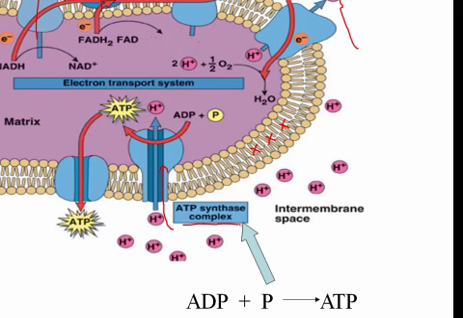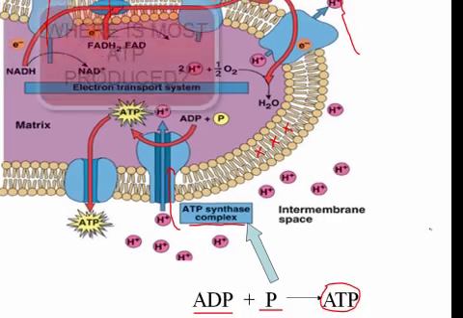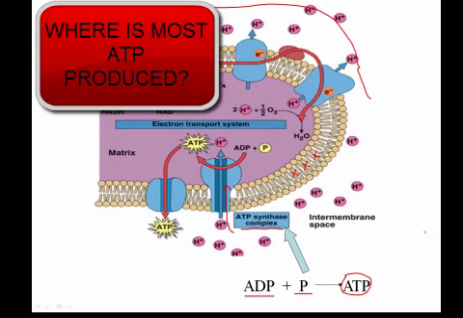As these protons pass through ATP synthase, we are going to add a phosphate to adenosine diphosphate to form adenosine triphosphate. So the bulk of our ATP is made right here in this step.